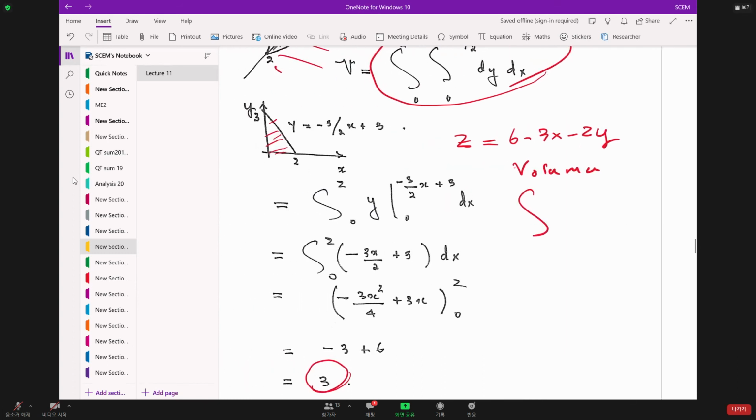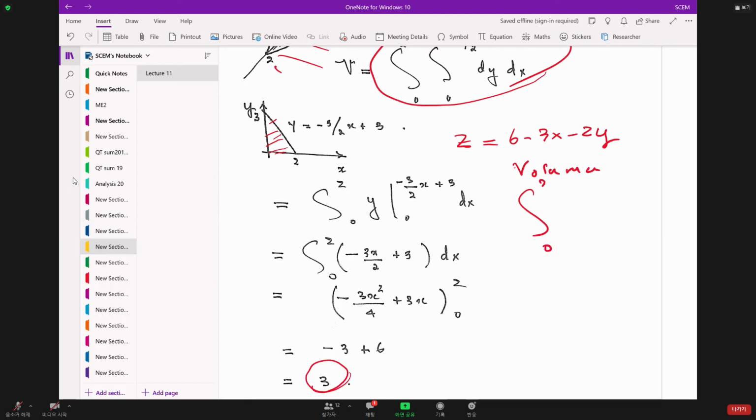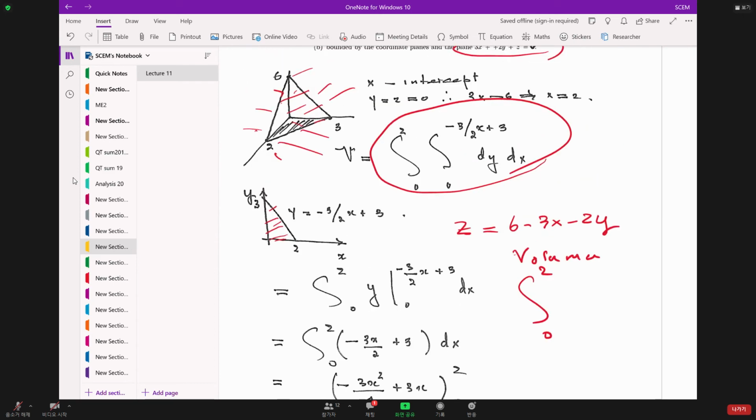Your x changes from 0 to 2. Your y changes from 0 to minus 3 by 2 x plus 3. And this is the volume, 6 minus 3x minus 2y.